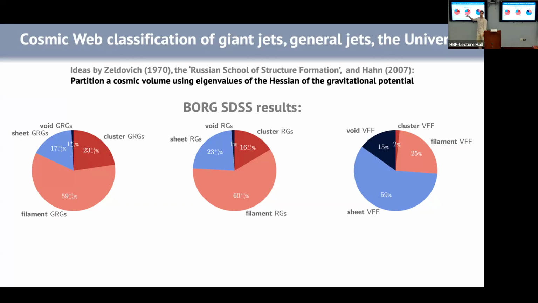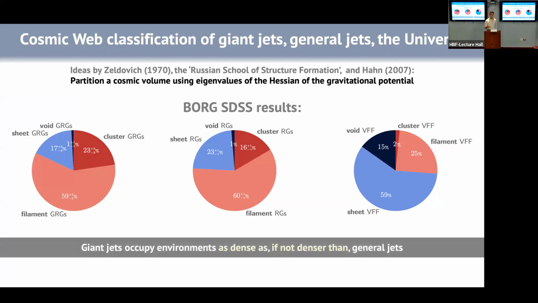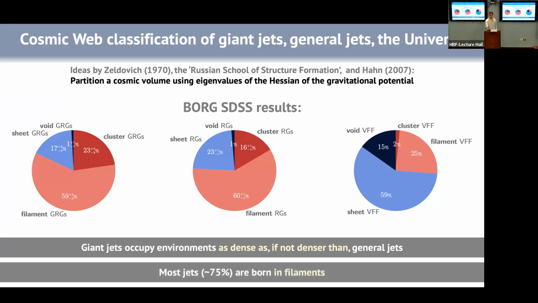They highly prefer high density environments. And that's also the case for the larger sources. So the bottom line here is that these giant jets occur in filaments and clusters mostly, and the filaments are the most common environment. That's where they start out.